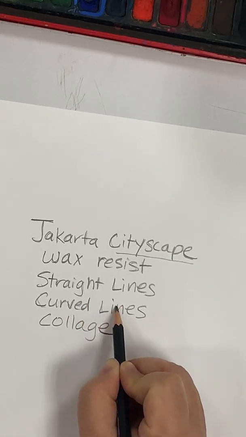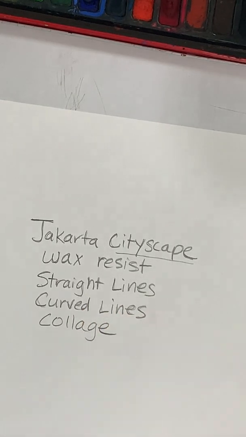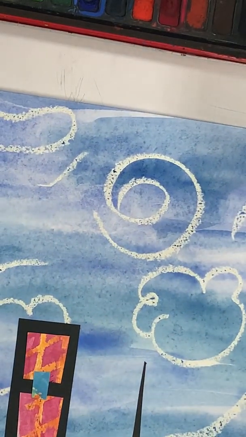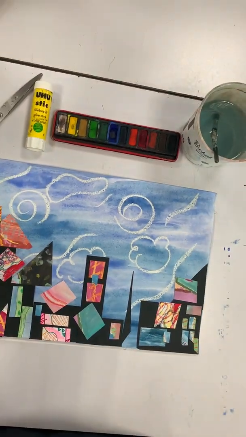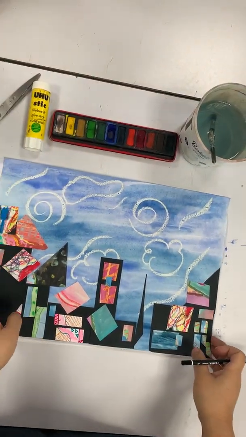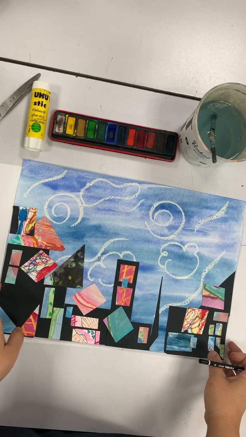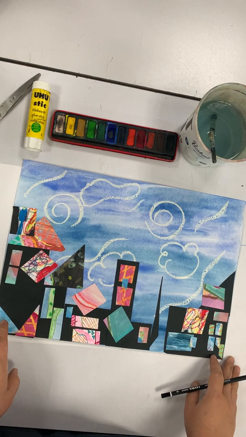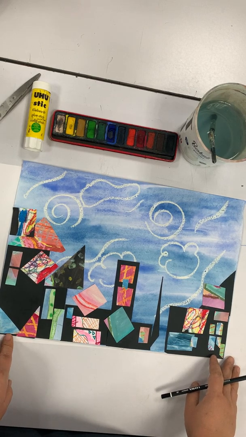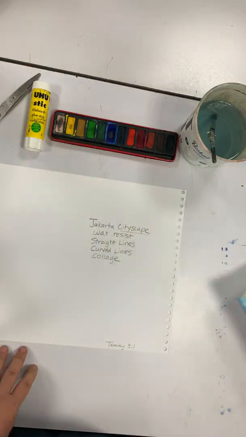We will use curved lines for the clouds in the sky. You can see here that I have used straight lines when I cut out pieces for my buildings, the black paper, and then I use curved lines with my oil pastel for the clouds in the sky. The straight lines and curved lines.